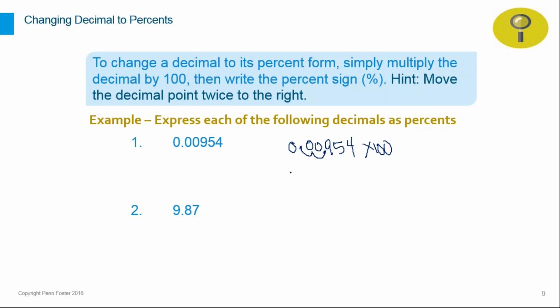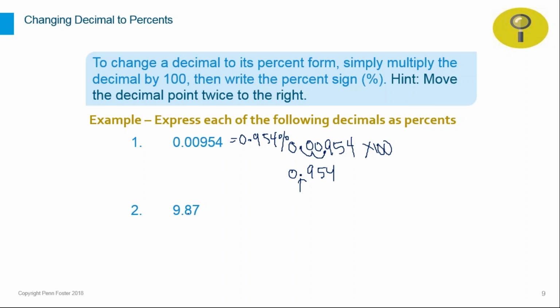So the decimal point now is at 0.954. The decimal point is between the 0 and the 9. So your answer is 0.954%. Remember, we multiply times 100 to bring in the form of a percent. So we need to have the percent sign in our answer.